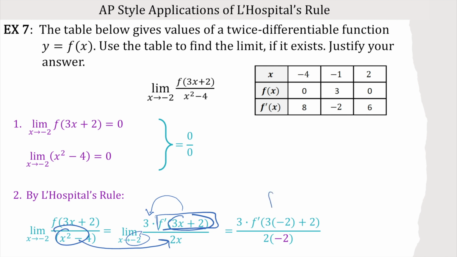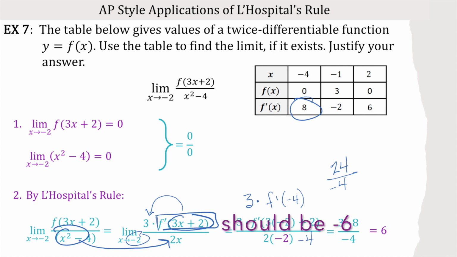So this time we get f prime of -4 over -4. Oh, don't forget the 3 on top. And f prime of -4 is 8. So it looks like we have 24 over -4 is 6.